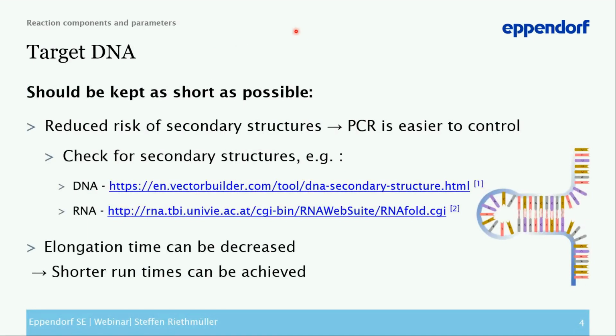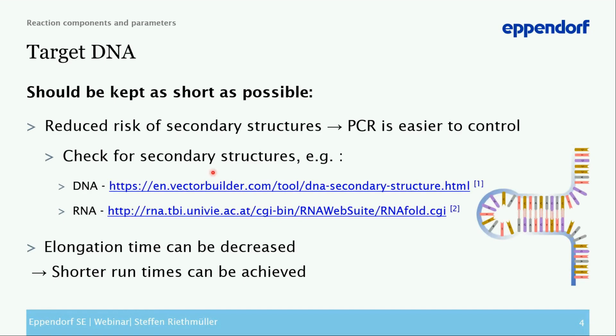The first thing I would like to address here is the target DNA. So this is the sequence we amplify in our PCR, and this should be kept as short as possible. Why? This would reduce the risk of secondary structures, so your PCR is easier to control. If you want to check your target DNA for secondary structures, you can do this with a tool called Vector Builder.